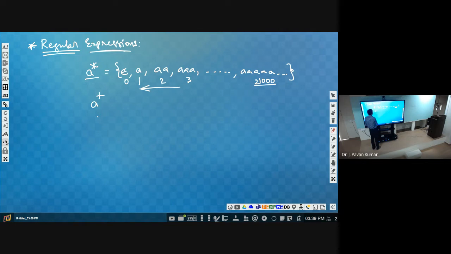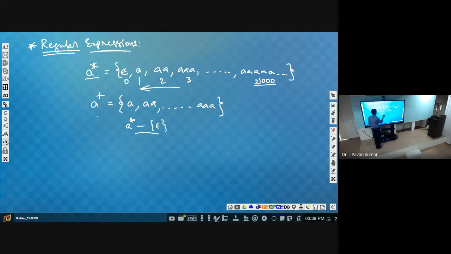Okay, next, A plus, A superscript plus. This means except epsilon, that is, at least one A, and then any number of A's. It is almost equivalent to A star, or you can say A star minus epsilon.